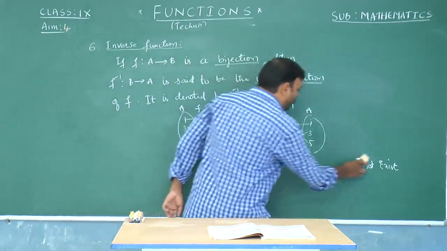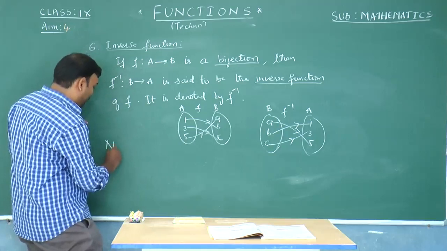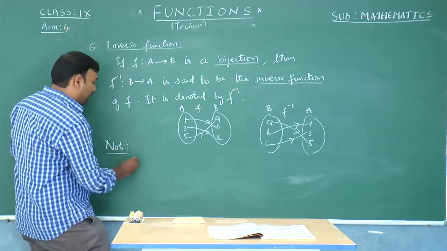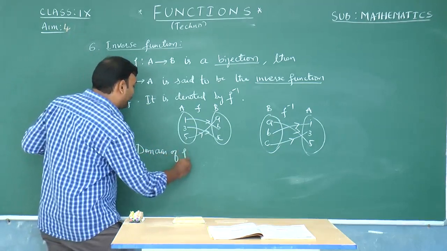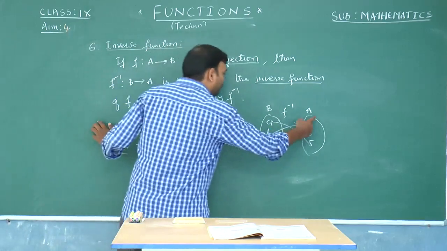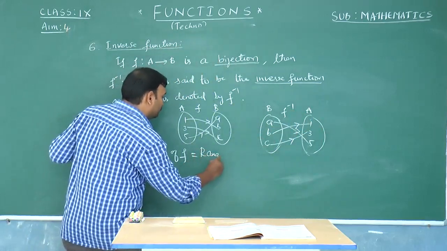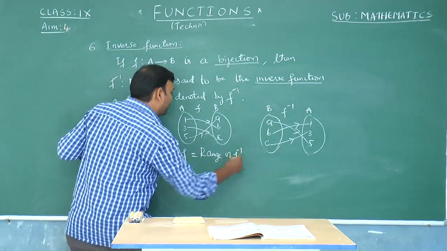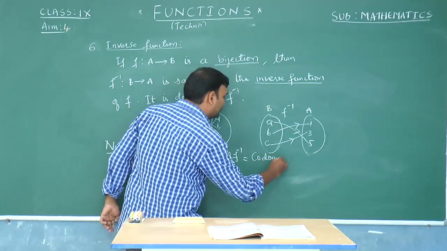The important note we have to write down is that the domain of f is equal to the range of f inverse, or you can also call it the codomain of f inverse.